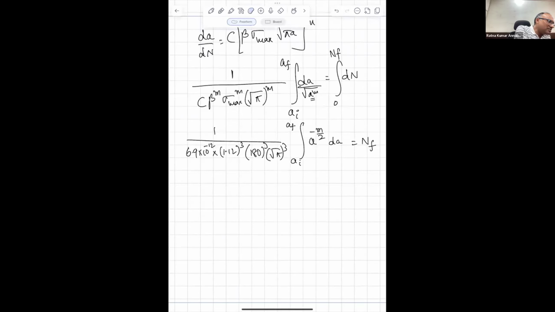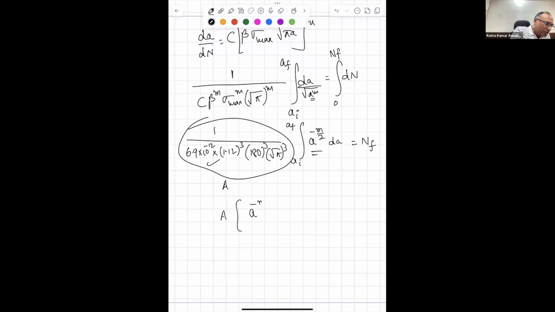Now, whatever this number is, you will compute. And this one, whatever this number, I am calling it capital A, times a power minus m by 2, that is 3 by 2, 1.5 plus minus 0.5, right? A power minus m by 2 plus 1 divided by minus m by 2 plus 1, between limits ai to af is equal to nf.